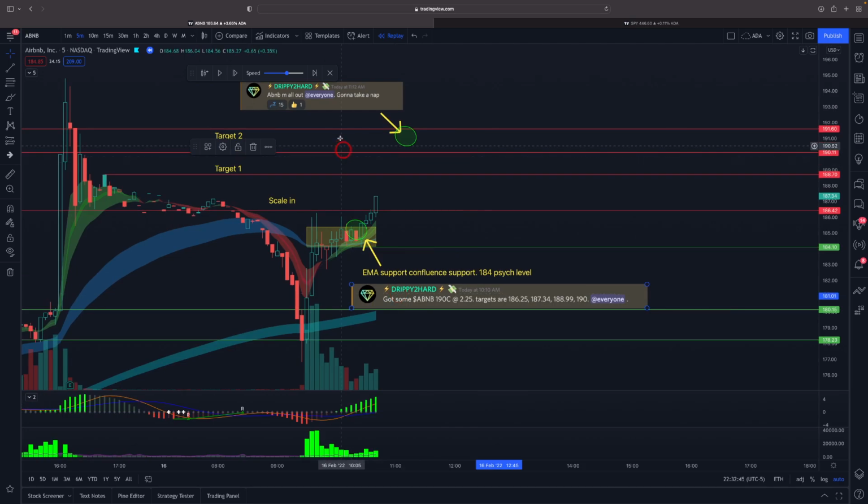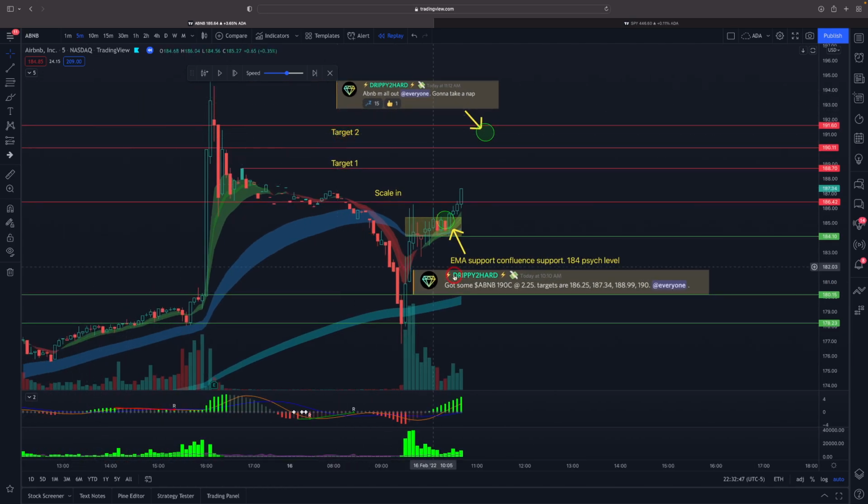I alerted this to the members on Discord that, hey, I got the 190 call at 2.25. It went to $2 when it dipped here. In hindsight, I could have placed some bid at $2, but I was feeling sick in the morning, so I didn't want to do it. I didn't really put a lot of size either, but I liked the setup, so I wanted to trade it.